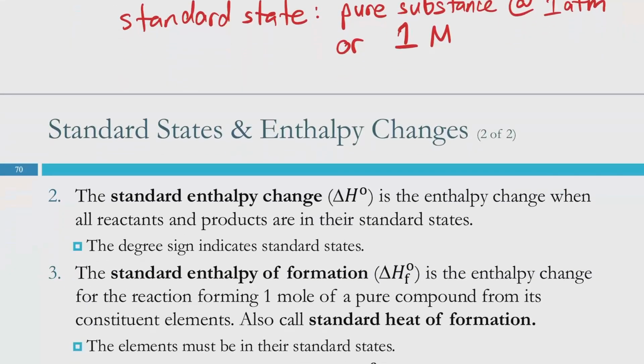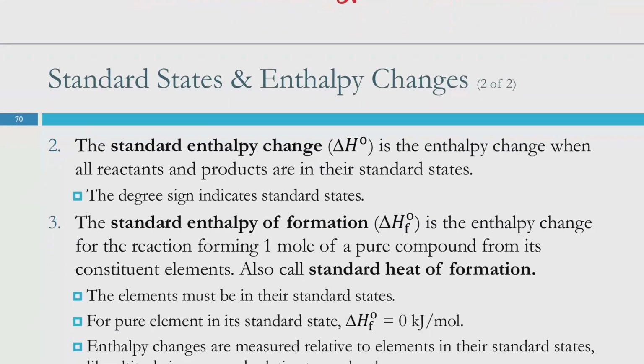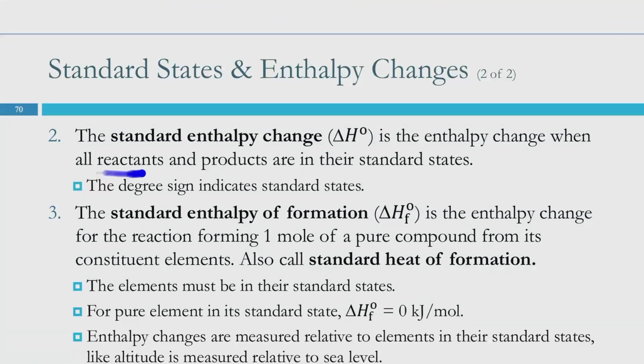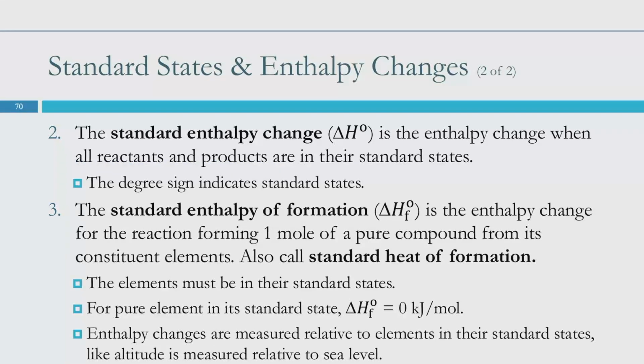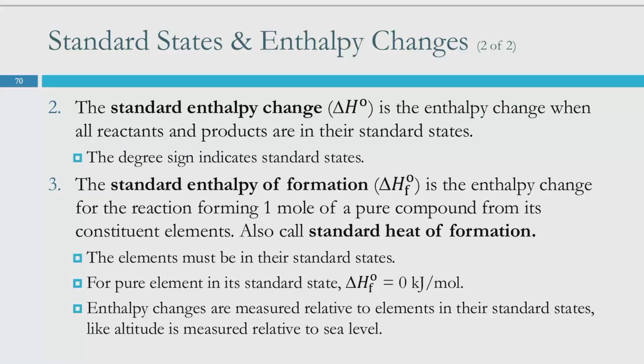Our standard enthalpy change is the enthalpy change when all of the reactants and the products are in their standard states. The degree sign indicates standard. The plimsoll is the name for that.